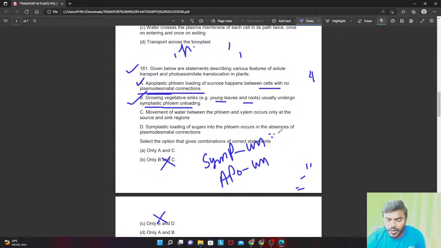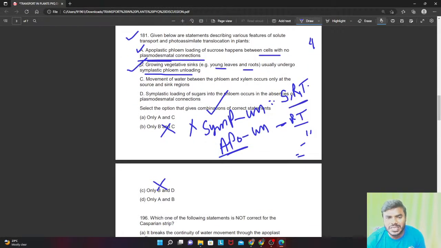If a sugar wants to unload into the shoot, root, tubers, they will unload using the symplastic pathway. If the symplastic pathway is absent, then the root and tubers will unload with the help of the apoplastic pathway. Then obviously option B is right. So the answer will be D.